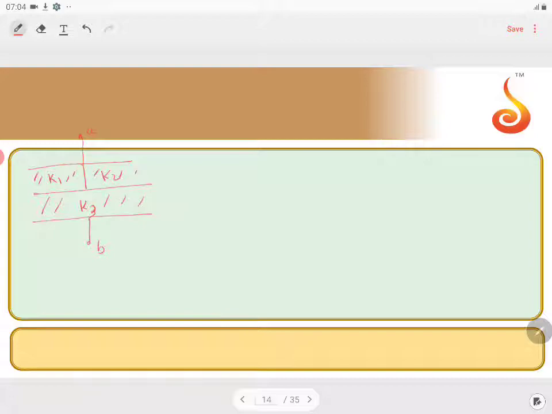So now the equivalent circuit will be, so this is D by 2. This is also D by 2. So this is A. This is A by 2. This is A by 2. Now the equivalent circuit will be, these two are in parallel.